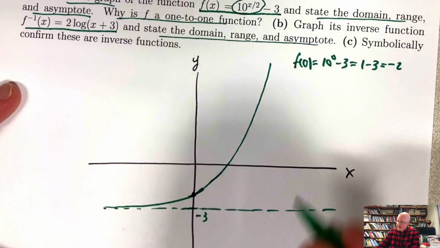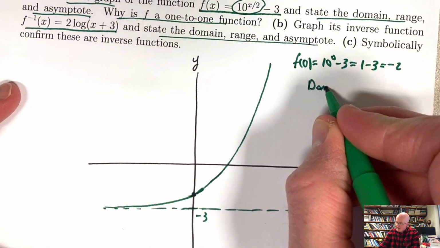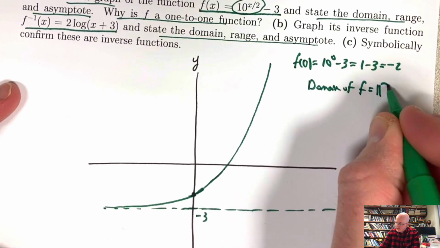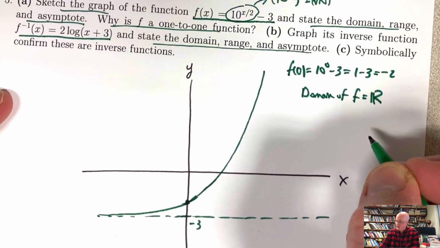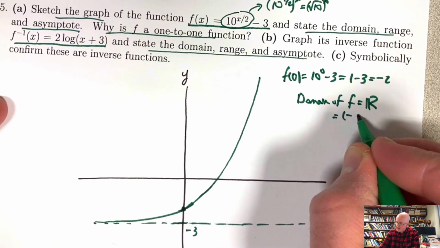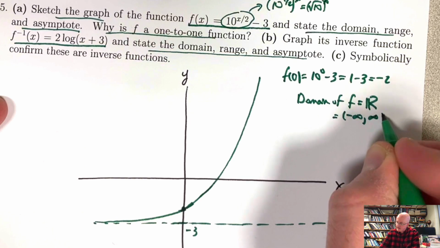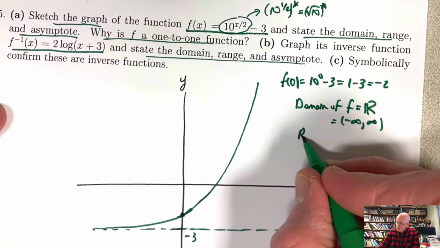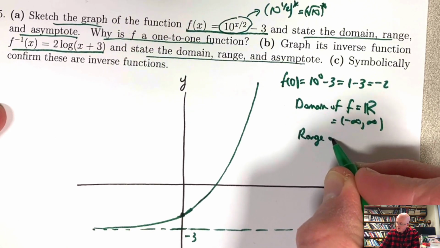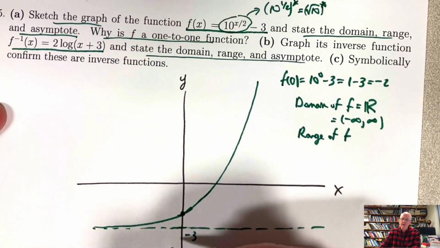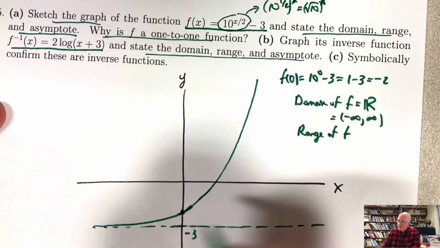As far as its domain goes, domain of f, it's all real numbers, just like the regular exponential function. This R symbol means all real numbers. You could use interval notation if you like, minus infinity to infinity. What is its range? Range of f. What are all the possible outputs? They're all numbers strictly bigger than negative 3, not equal to negative 3.